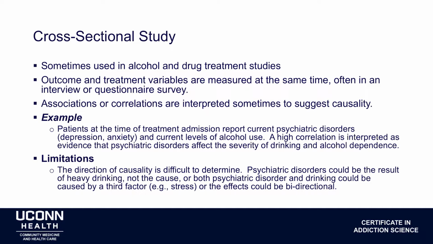An example would be patients at the time of treatment admission who are asked to report on their current psychiatric symptomatology. And we can measure whether they have a depression or affective disorders or anxiety disorders. And we can also measure the extent of their alcohol use and their alcohol dependence. So once we have these data, we can look for correlations between the number of psychiatric comorbidities and the severity of their substance use disorder.